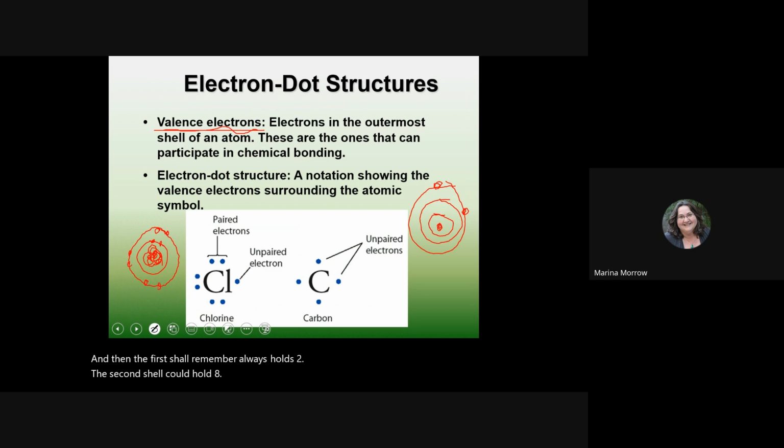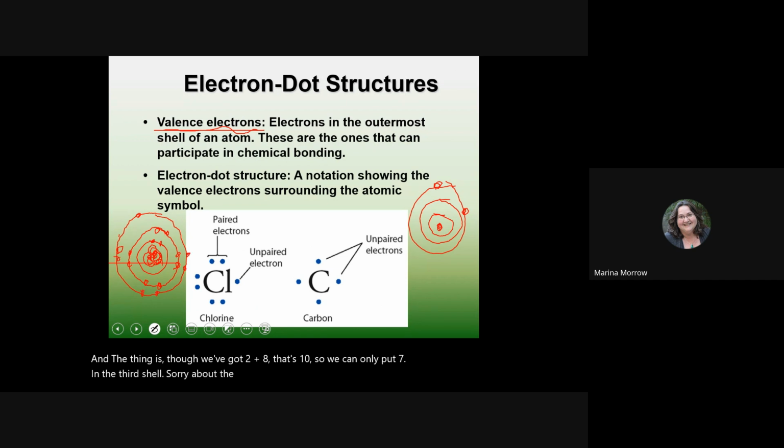Okay, so far that's 2 plus 8, that's 10. And then we have a third shell. The third shell can also hold 8. And the thing is, though, we've got 2 plus 8, that's 10, so we can only put 7 in the third shell. Sorry about the drawing.